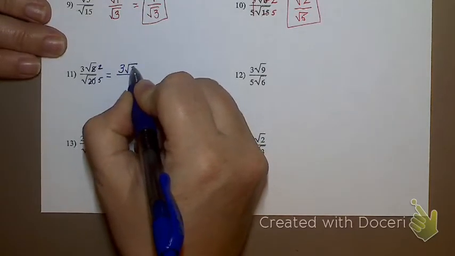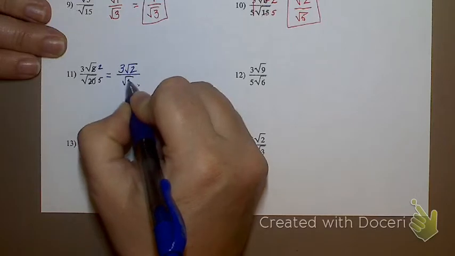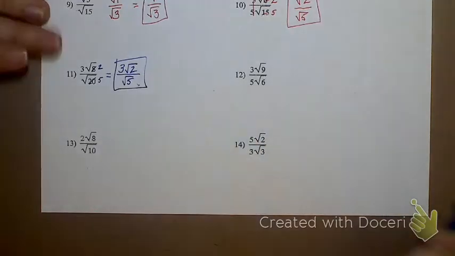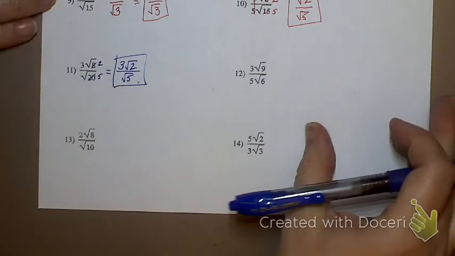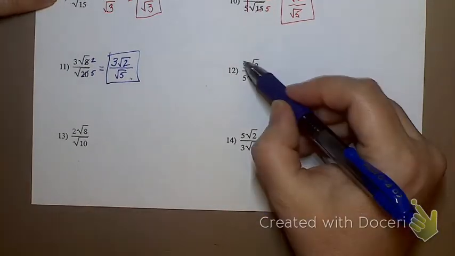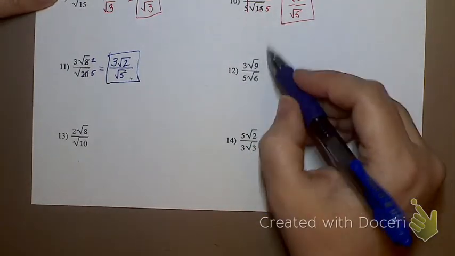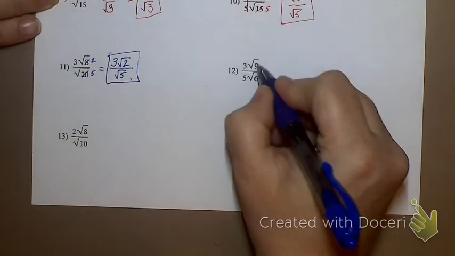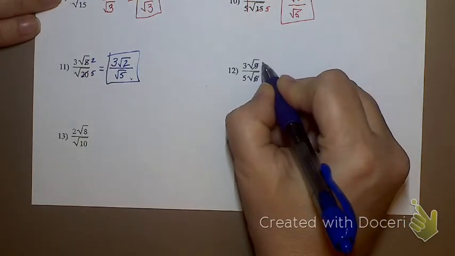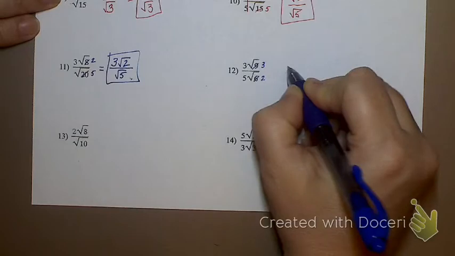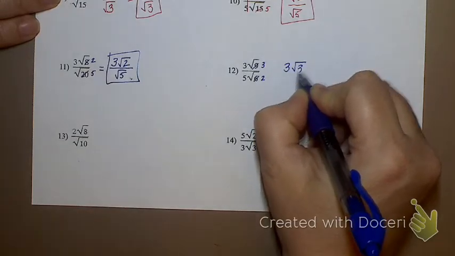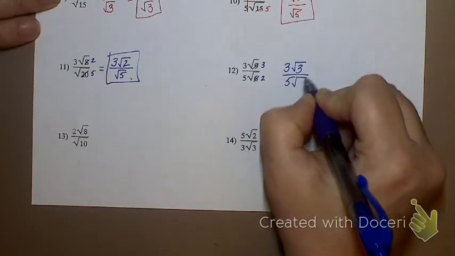So I have 3 radical 2 over radical 5. Easy peasy? All right. Can 3 over 5 reduce? What about 9 over 6? Can cut it by 3. If I divide by 3, I get 3 and 2. So I have 3 radical 3 over 5 radical 2.